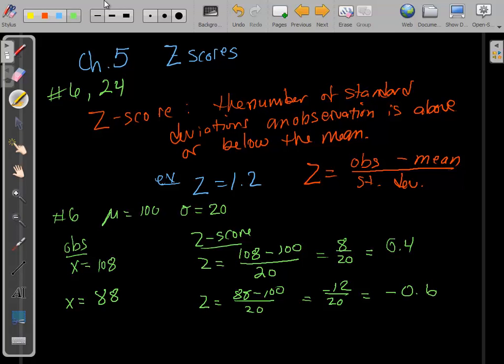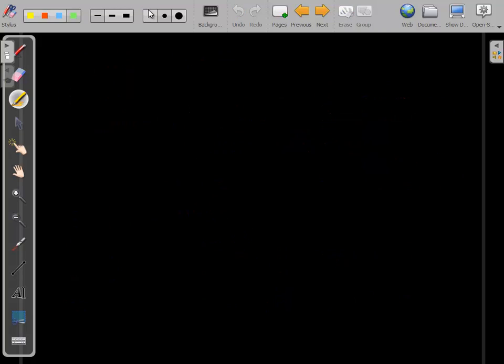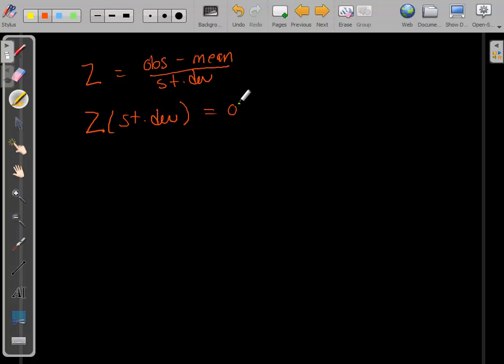Okay, now we could go from having a z-score to a regular score. Just looking at the formula for z again, the z-score was equal to the observation minus the mean divided by the standard deviation. Doing a bit of algebra, the z-score times the standard deviation is equal to the observation minus the mean.